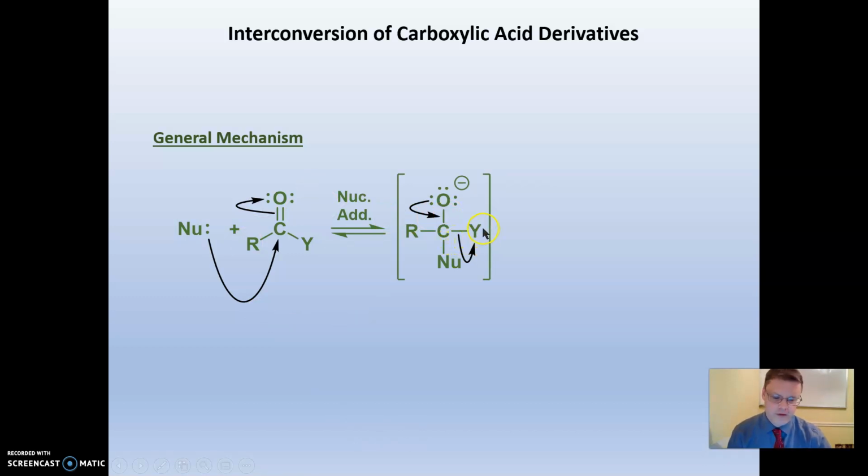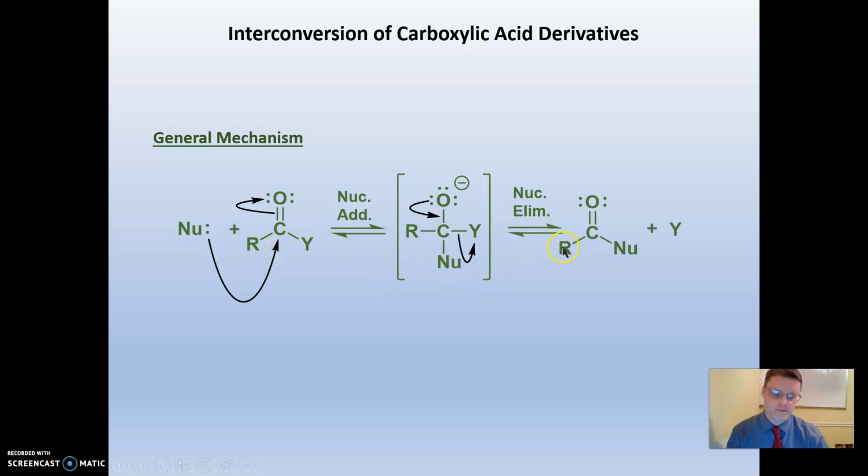And then if we have a good enough leaving group for Y, it's going to leave in a nucleophile elimination step. And all of your nucleophilic acyl substitution reactions are going to have these two elementary mechanistic steps.